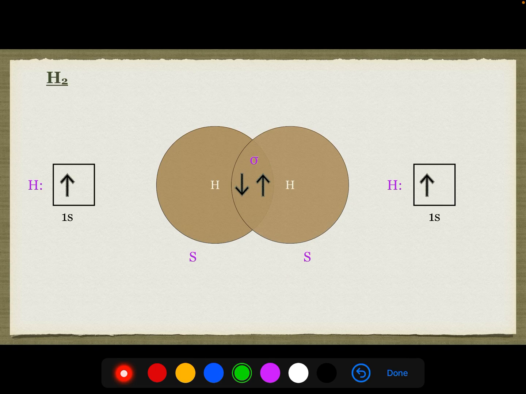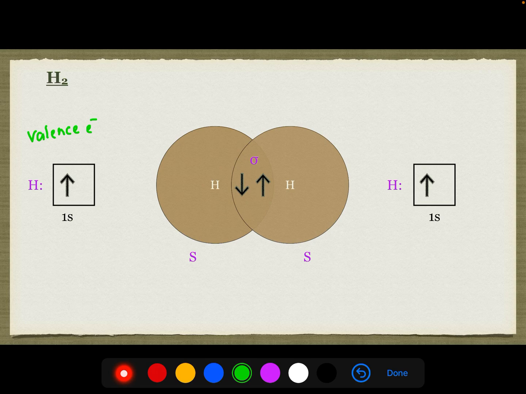Kita sekarang ni cuma ambil kira the valence electron only, because only the valence electron involved in the bonding. Valence electron saja. So elektron yang lain tu masih wujud, cuma dia tak terlibat dalam kita punya orbital overlapping. Dia tak terlibat dalam bonding.